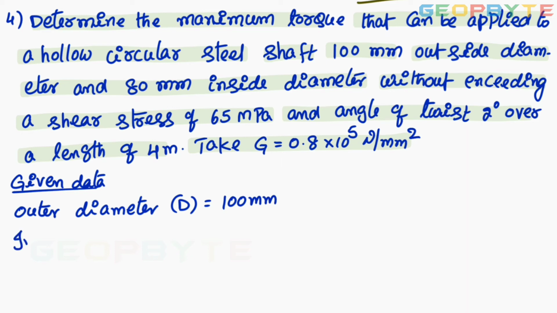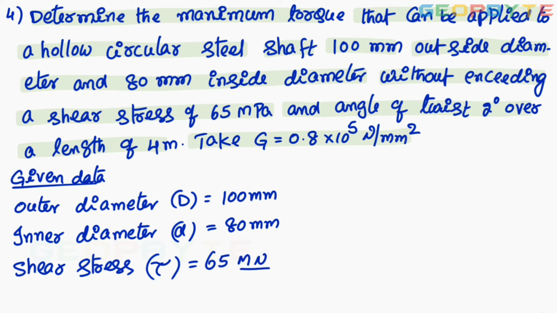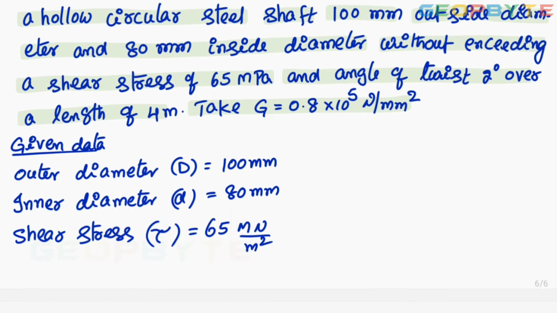Next, inner diameter, small d, equal to 80 mm, without exceeding shear stress tau equal to 65 megapascal, which means mega Newton per meter square.